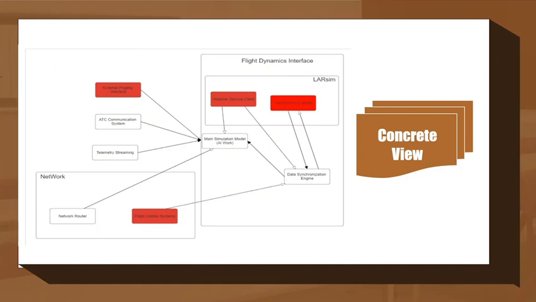As you can see in the graph, the central elements within the FDI include the aerodynamics model, flight control systems, and the weather service client. The aerodynamics model is tasked with calculating lift, drag, and other aerodynamic forces based on the aircraft's shape, angle of attack, and airspeed.